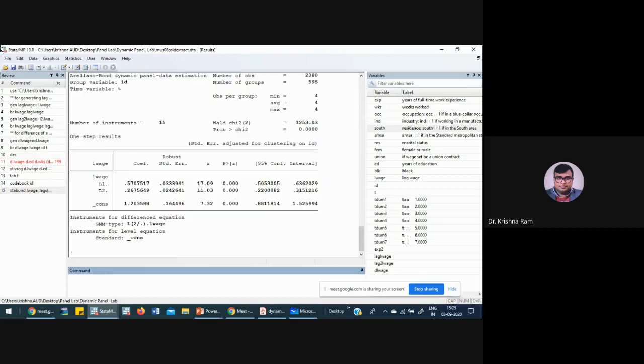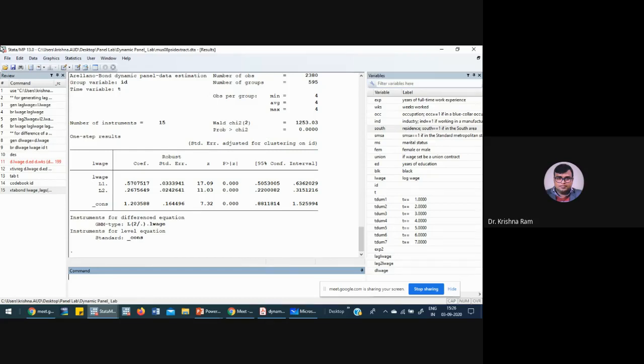So let's enter. When we enter, we get this particular estimate called the Arellano-Bond one-step estimator.